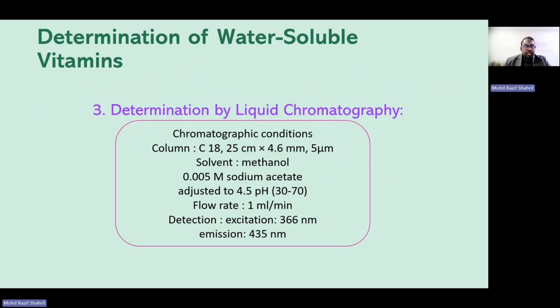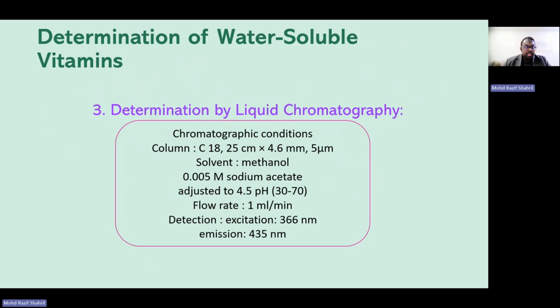The third method that we can use is liquid chromatography, HPLC. Just like vitamin D, we use a C18 column, specifically 25 centimeters by 4.6 mm internal diameter and 5 micrometer.